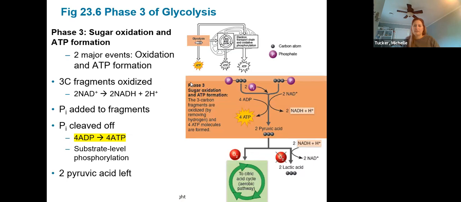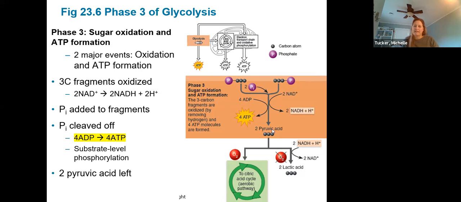Those 2 3-carbon fragments are then going to get oxidized and generate ATP. So we have an enzyme, and then it is going to convert either of these 2 3-carbon substrates into pyruvic acid.